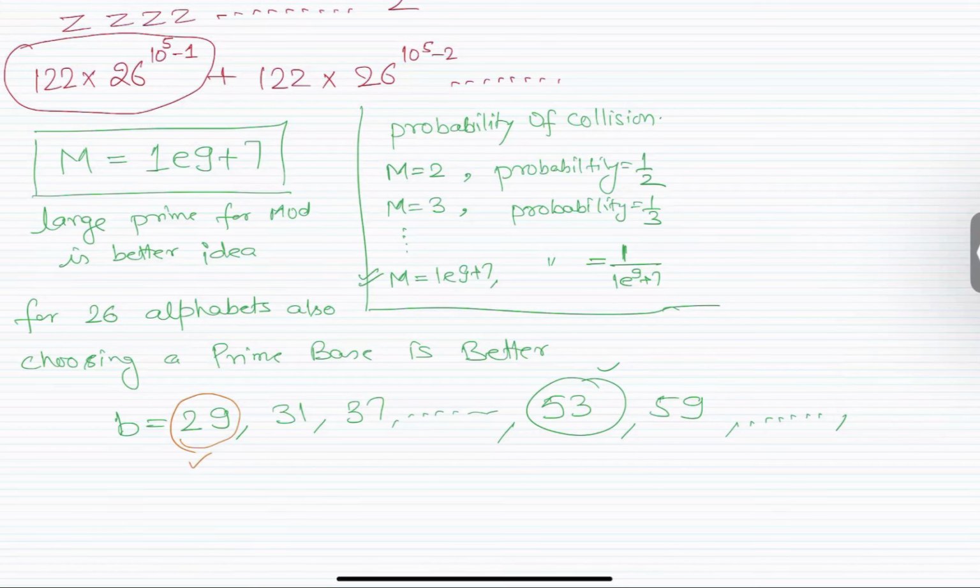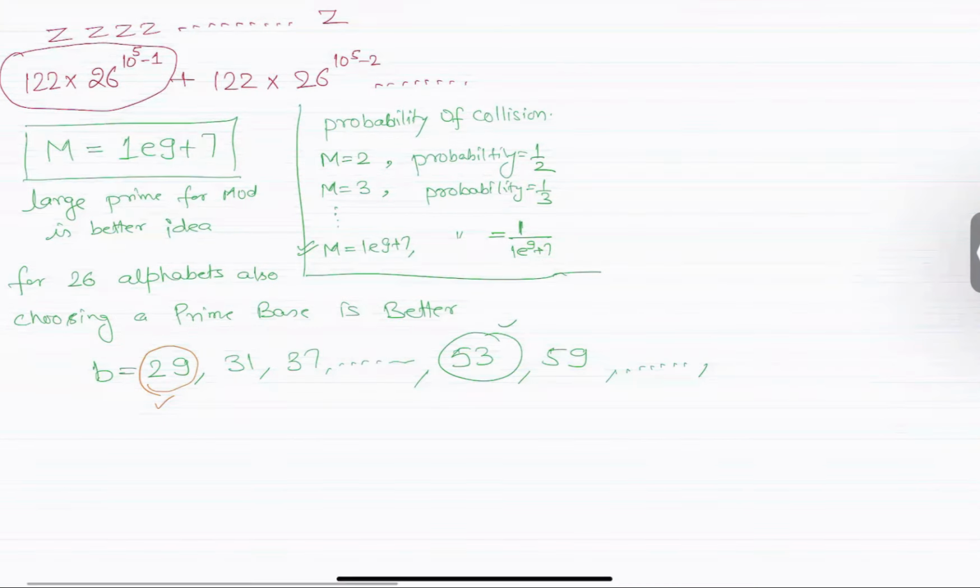So tell me a prime number bigger than 128. 131 is a prime. 137 is a prime.